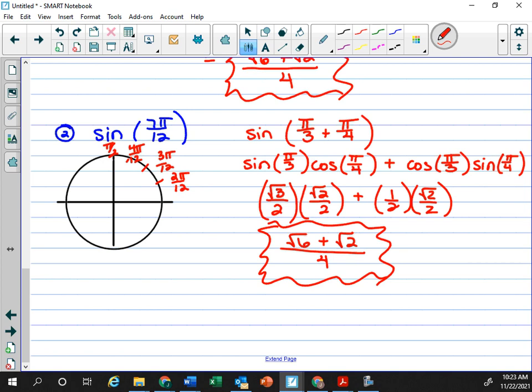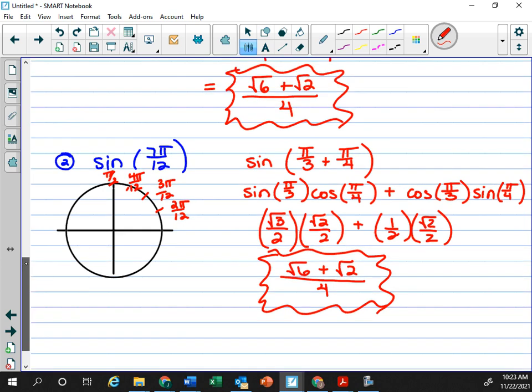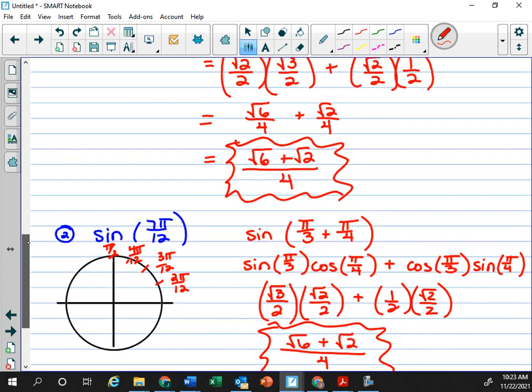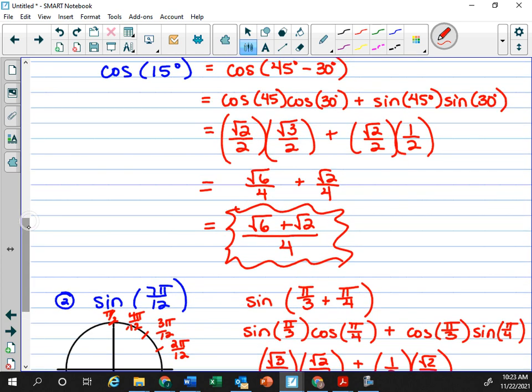So because the two things being added are in the first quadrant, nothing negative? Correct. And think about it. It's the sine of something in the second quadrant. So, you know, if you visualize where these are, 15 degrees is 15 degrees into this first quadrant. 7 pi over 12 is 15 degrees there.